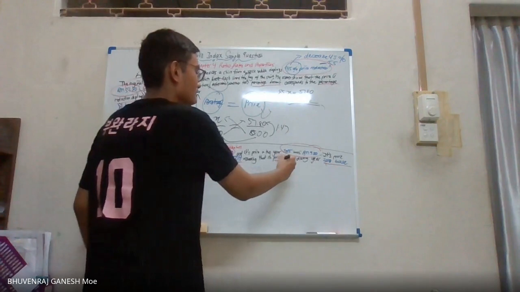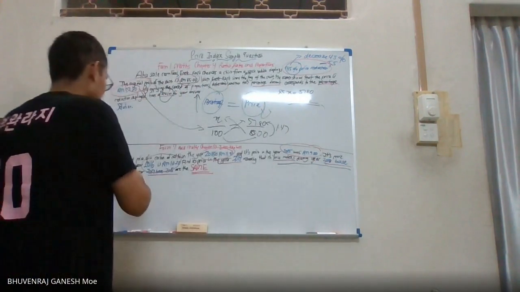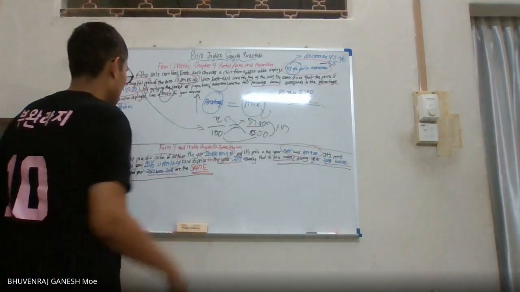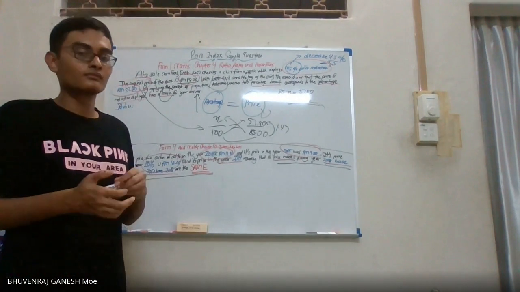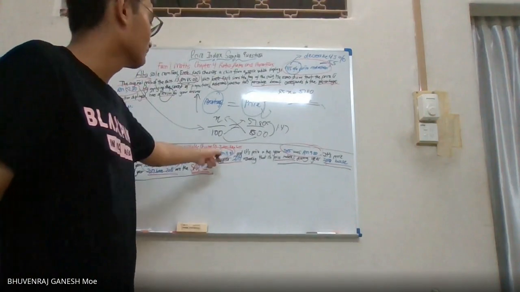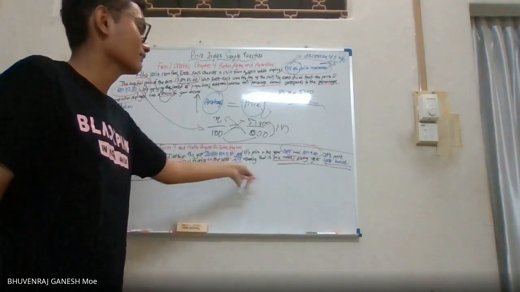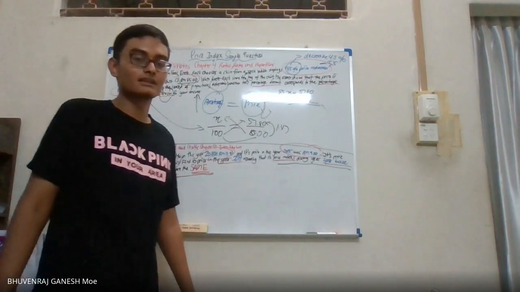Make an equation. What's the 2018 number? You mean the price? That one you don't need to know yet. First form the equation, then only you put the values inside.